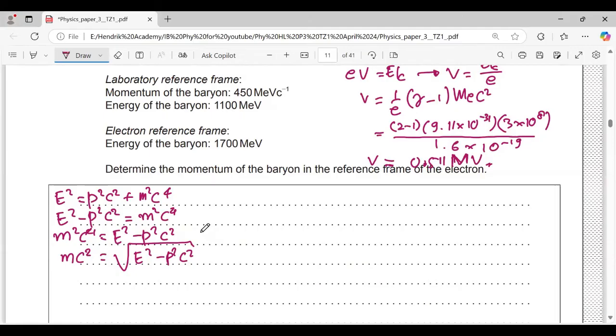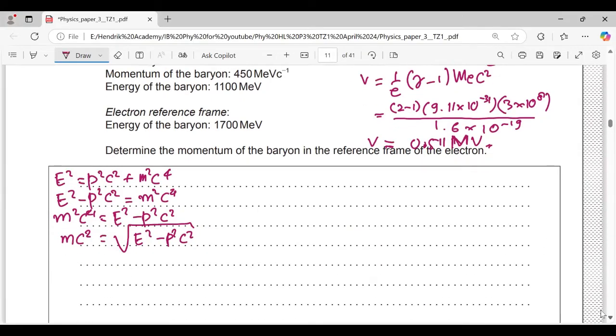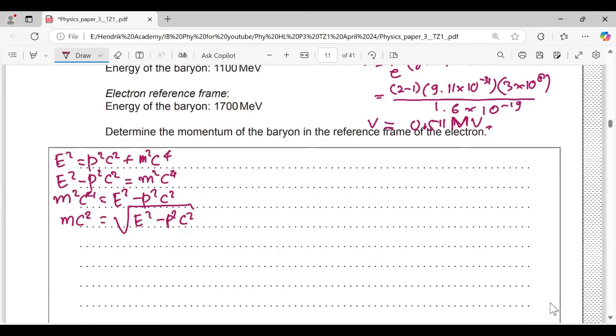So not using the square root. Better if I find M squared C to the power 4.